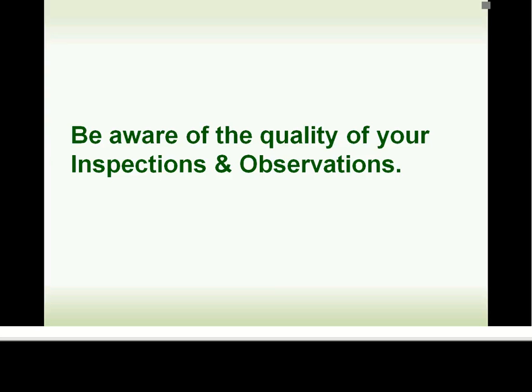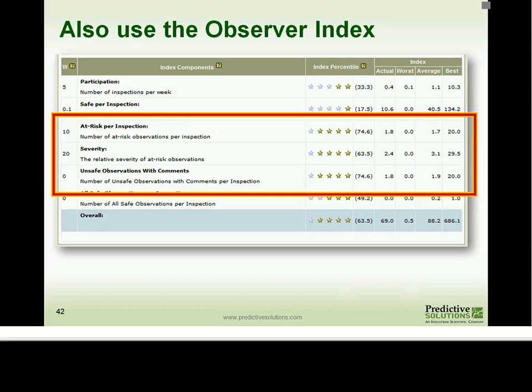I'm going to write comments, but I don't participate a lot, or I don't see a lot of safe things. So I'm just doing my due diligence, right? So I saw it. I'm going to record it. Nothing's going to happen to it. So there's all these clues that are hidden within your observation intelligence to give us more direction to better help the safety professional use their valuable resources.